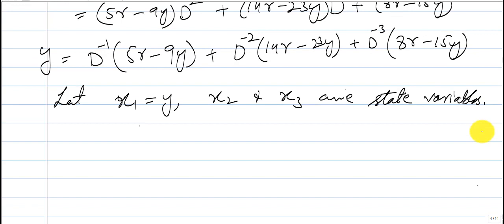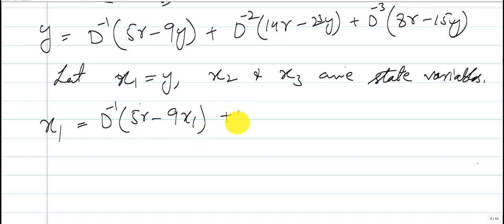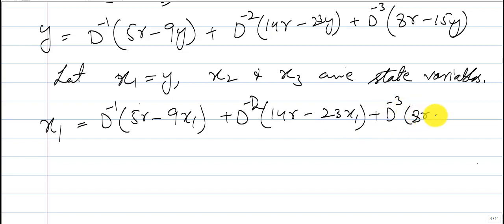With these state variables, we can write this equation as x1 equal to D^-1 (5r minus 9x1) plus D^-2 (14r minus 23x1) plus D^-3 (8r minus 15x1).